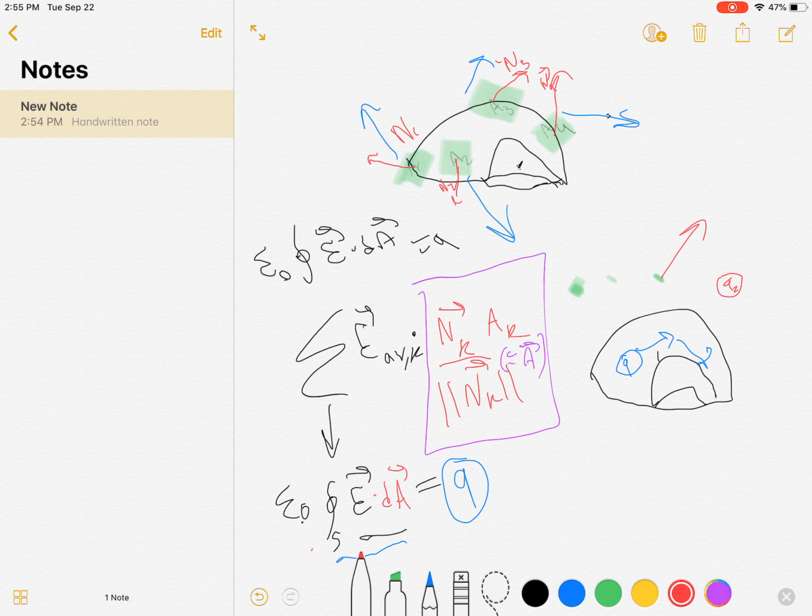Now, it's important to note that if you have a charge outside, we're not talking about the contributions of this charge to an electric field. We're just talking about the surface integral of this surface. This does not change what this Q ends up equaling.